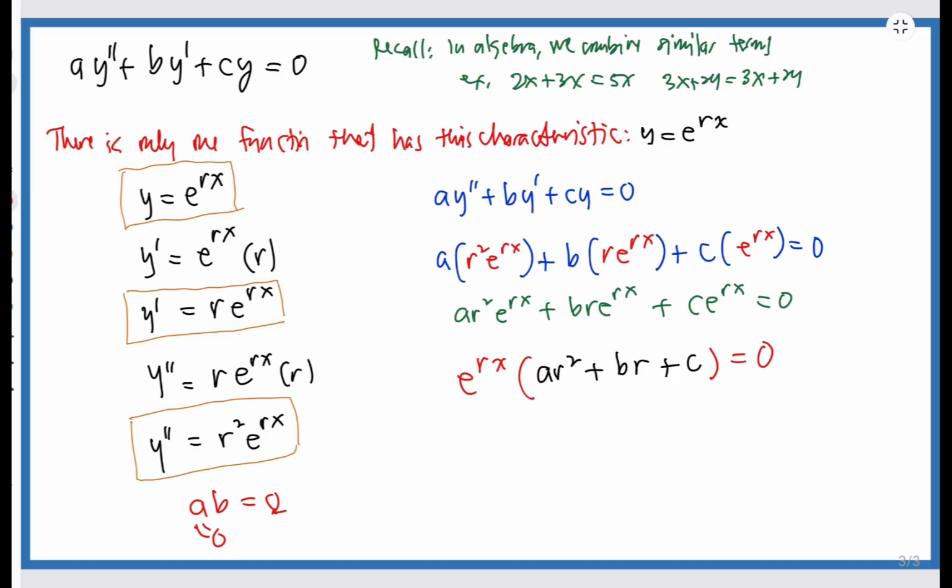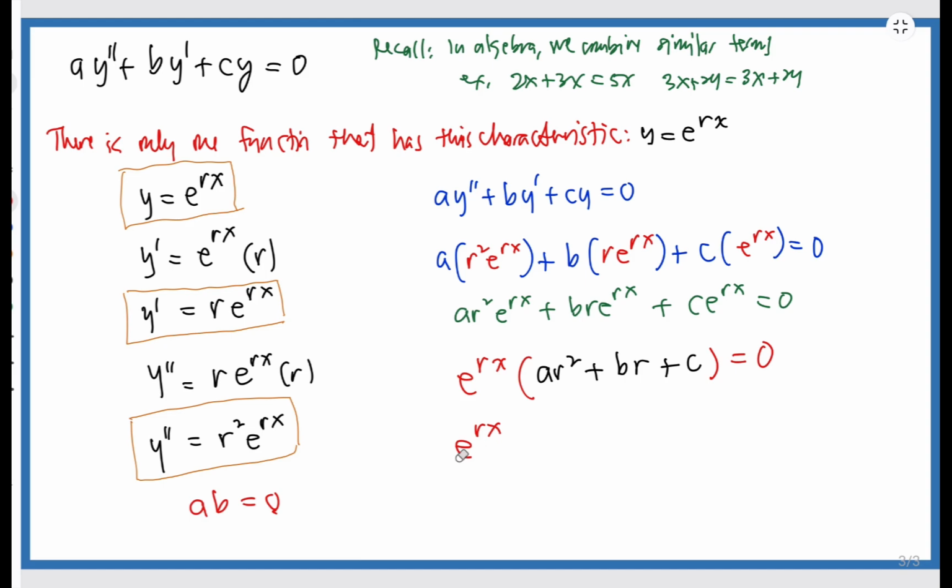But it could also be that both a and b are 0. In other words, either this is equal to 0 or this is equal to 0. But e raised to rx is always positive.